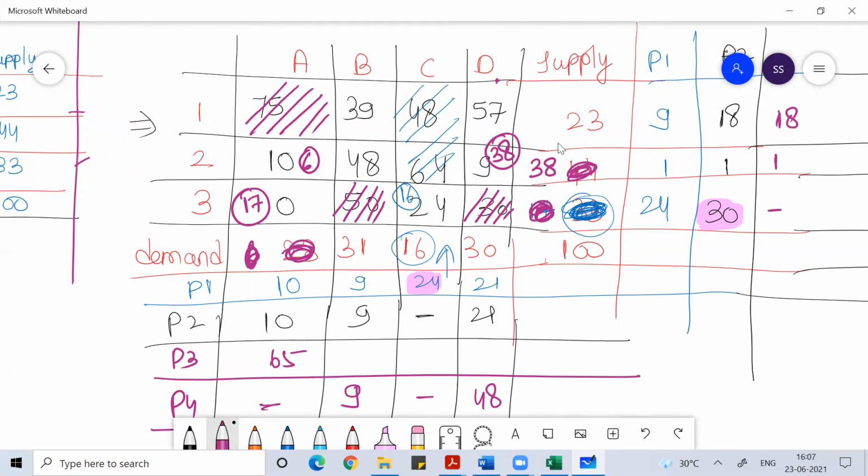One minute, what is happening? Here the demand is 30 and supply is 38. So you can put 30, right?